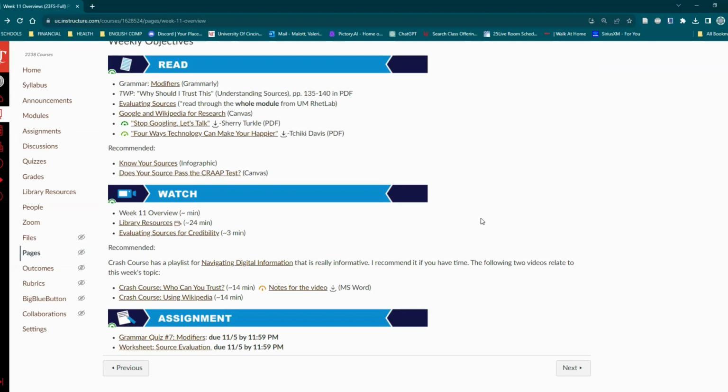Then we have Thanksgiving week, and right after that is the final week of classes that meet. That will be the final draft of this essay. So it's really important that you start thinking about it, and that you have some idea of which articles you're going to be dealing with, and then looking at some of those sources.